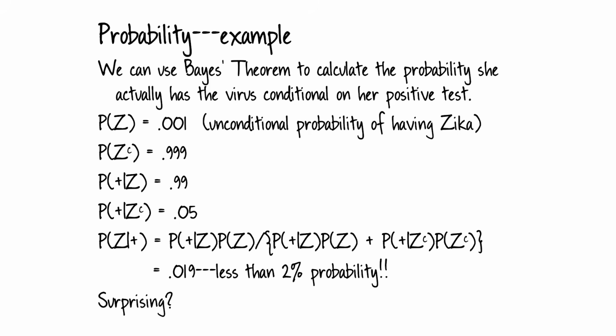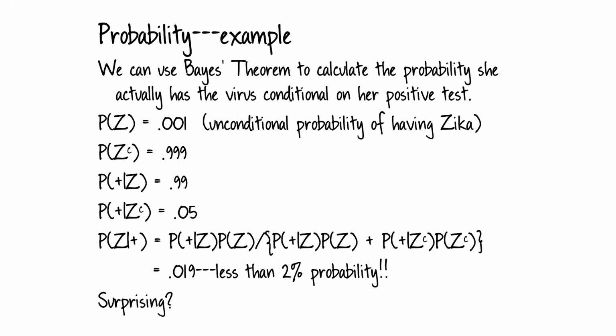Okay, so we can use Bayes' theorem to calculate the probability that she actually has the virus conditional on her positive test. The probability, we'll call this the prior probability, or the unconditional probability of her having the Zika virus, is 0.001. That's because she lives in an area where not that many people have it. That means also that we can write down the probability of the complement of Z as 0.99. The probability of getting a positive test result conditional on having the Zika virus is 0.99.